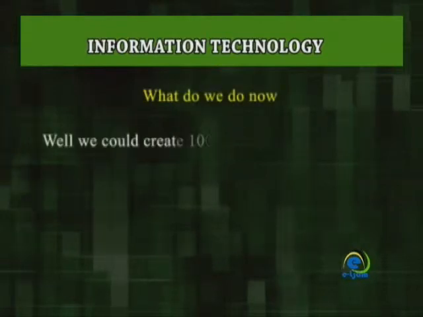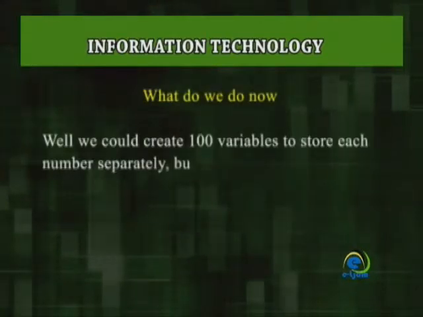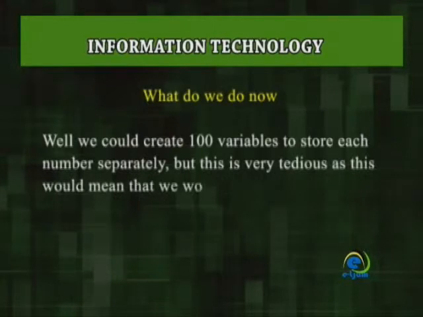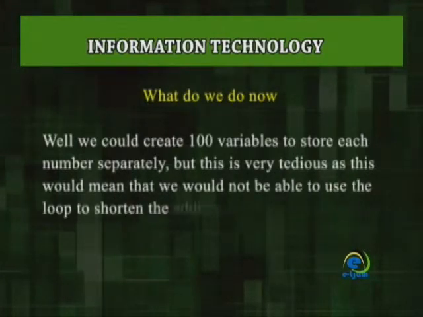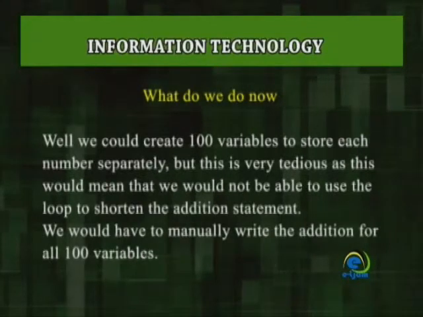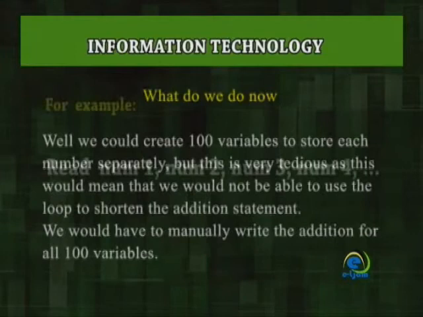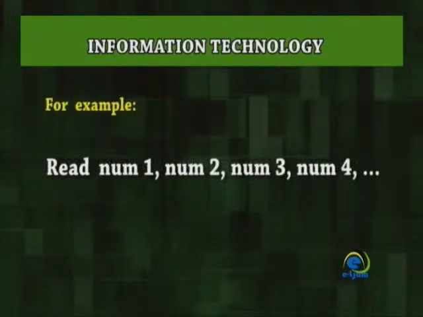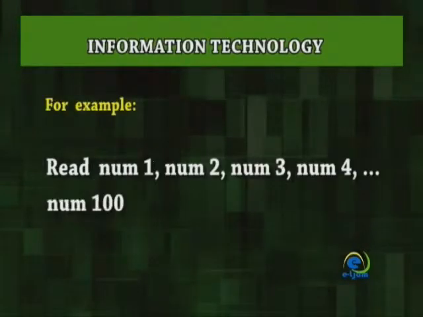What do we do? Well, we could create 100 variables to store each number separately, but this is very tedious, as it would mean that we would have to manually write the addition for all 100 variables. For example, read num1, num2, num3, num4, up to num100.